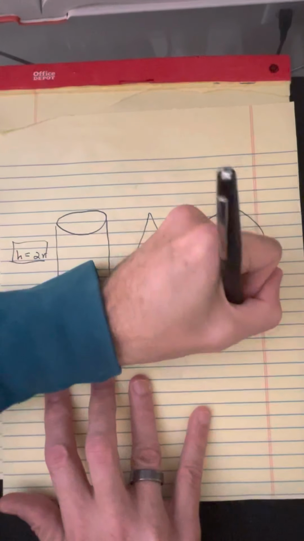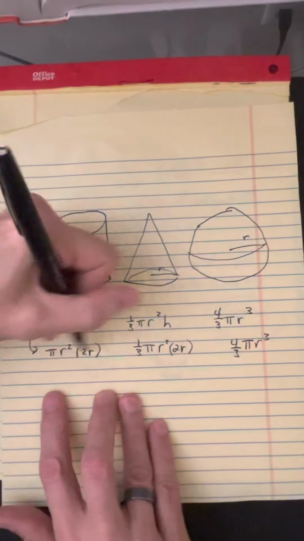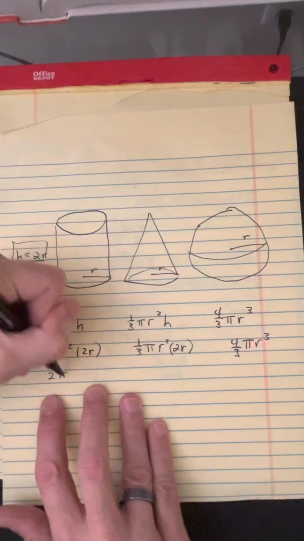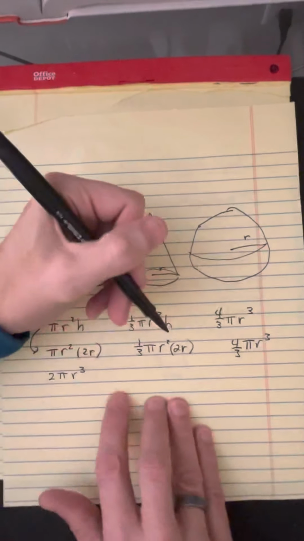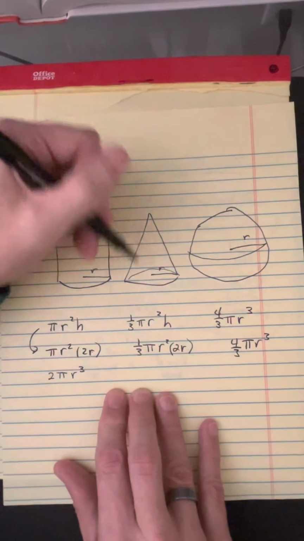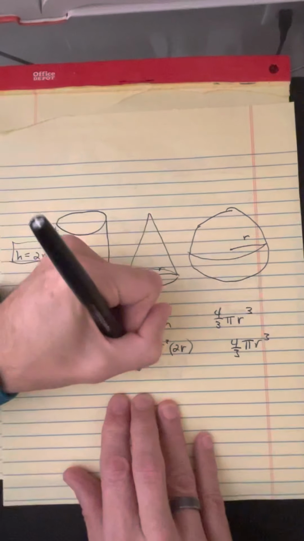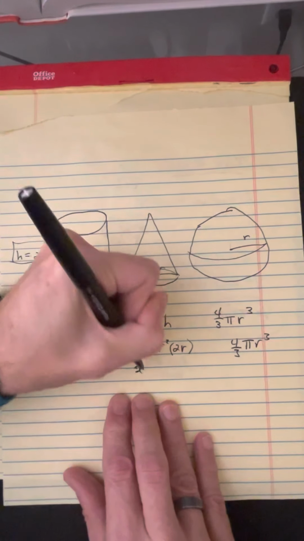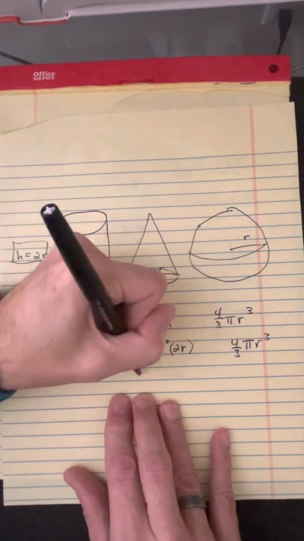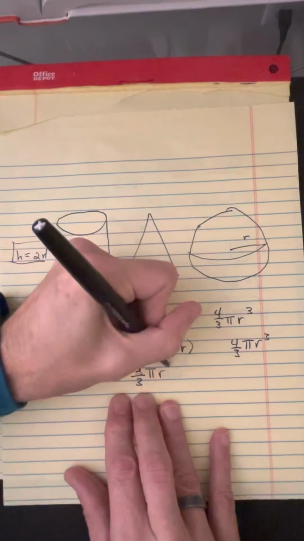And this one didn't have an h in it. So let's rearrange here. r times r squared is r cubed, so this is 2 pi r cubed. And this is r times r squared is r cubed again, so this is 2/3 pi r cubed.